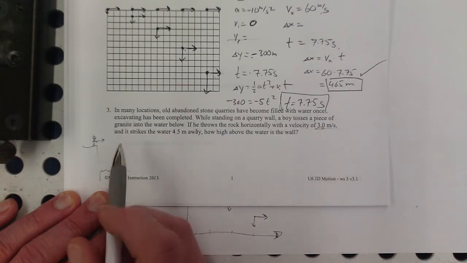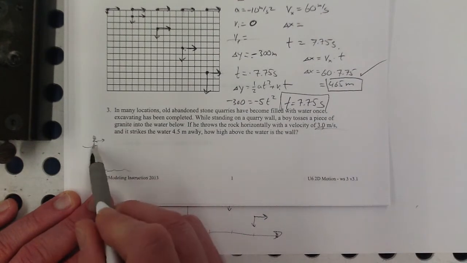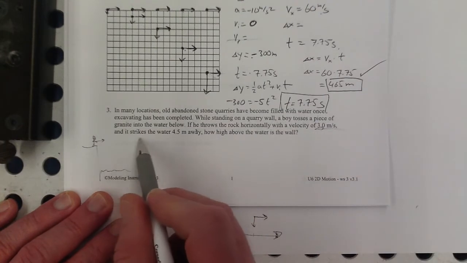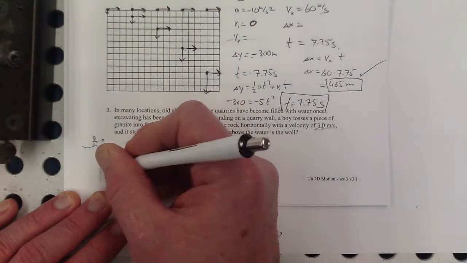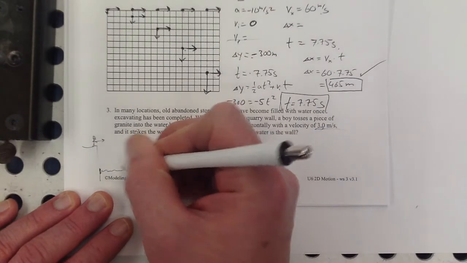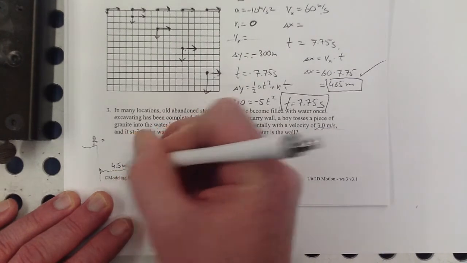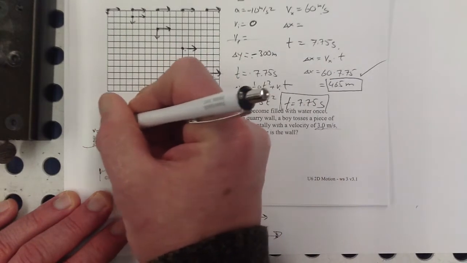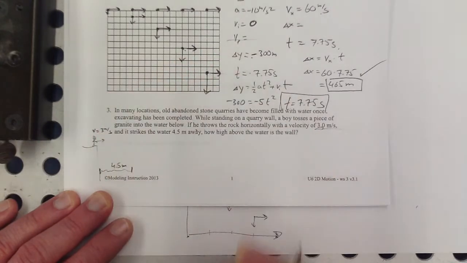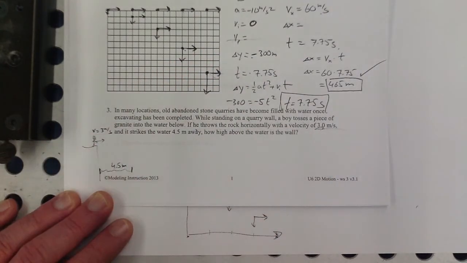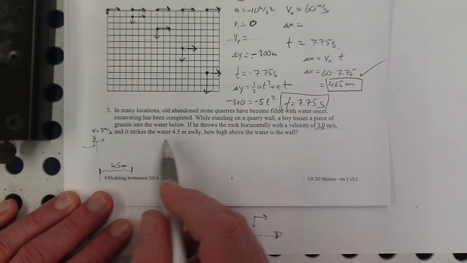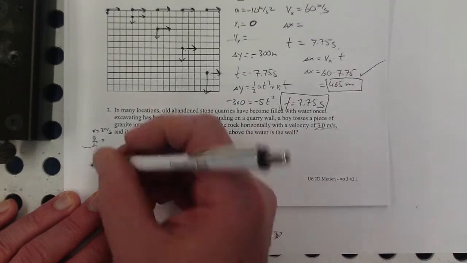That's pretty weak. Not a baseball player, I guess. And it strikes the water 4.5 meters away. So he's throwing it with a speed of 3. Making a nice little diagram there. How high above the water is the wall?